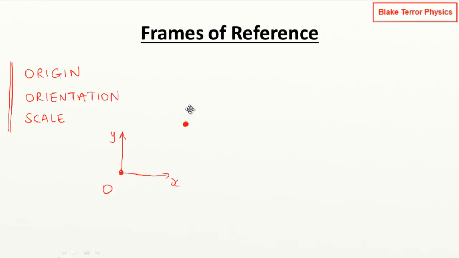And we can describe the location of this point using Cartesian coordinates. So if we were going up in centimeters, this might be, say, at coordinates 3, 3. So we've unambiguously defined where that point is.